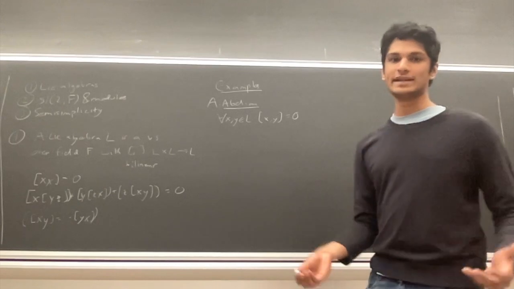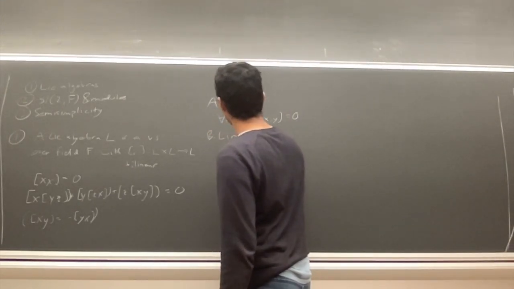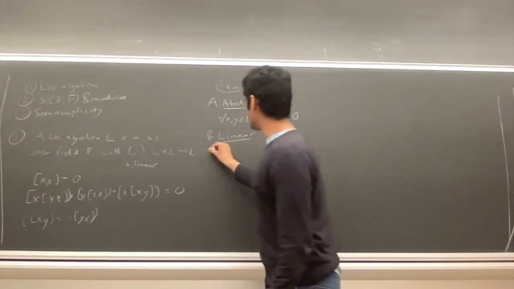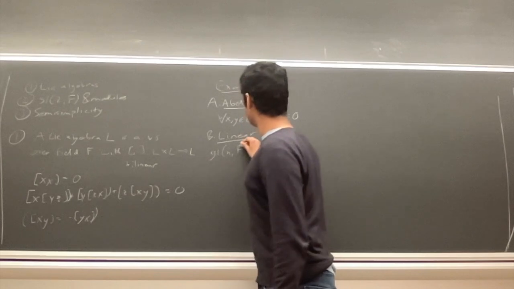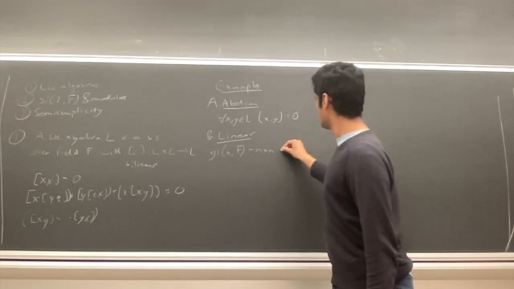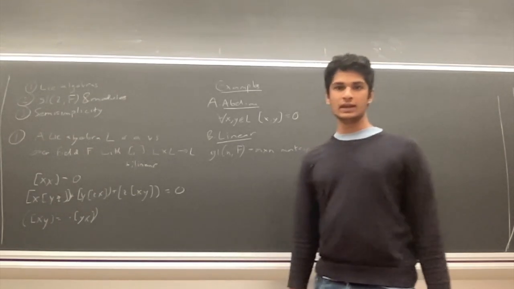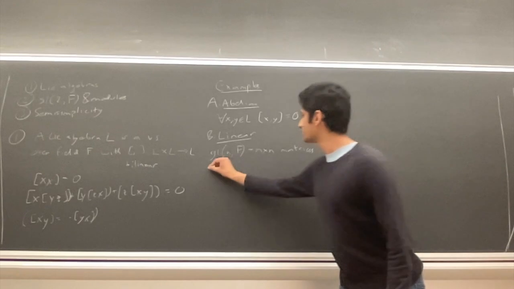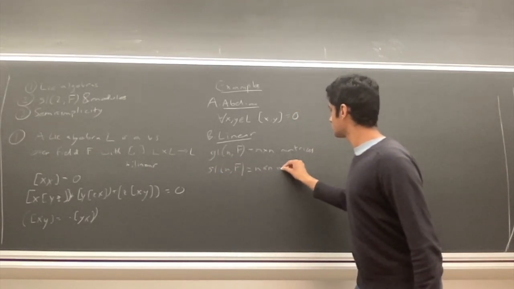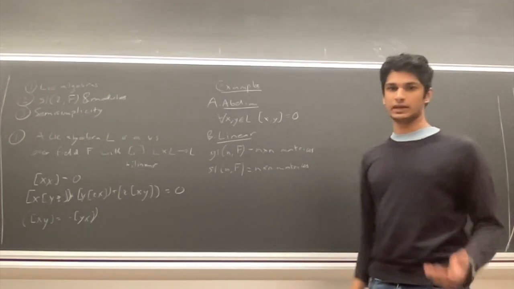Now let's get into a more interesting Lie algebra. We have linear Lie algebras. There's going to be two of them. The first is called GL_n F. So this is going to be the n by n matrices over the field F. Similarly, we're going to have SL_n F. So these are still n by n matrices, but here the trace is 0.